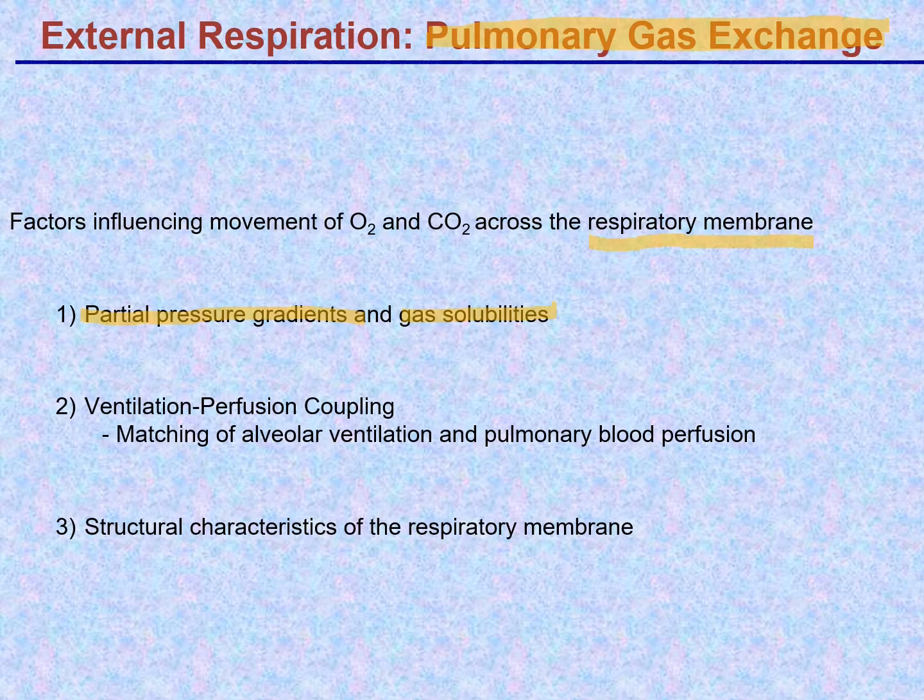The second one is ventilation perfusion coupling, which is a physiological process that optimizes alveolar ventilation and pulmonary blood perfusion, and I'll talk more about that in the next few slides. And then the structural characteristics of the respiratory membrane. These are the key factors that influence the diffusion of O2 and CO2.